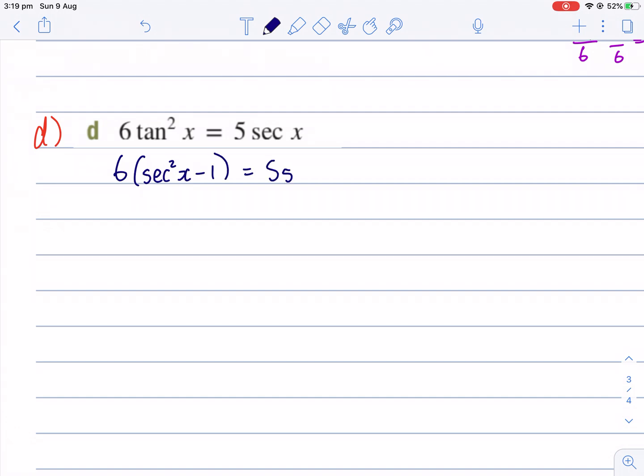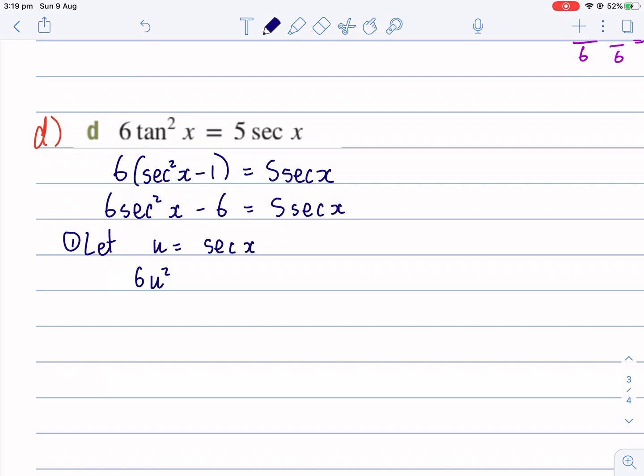So we've got 6 sec squared x take 6 equals 5 sec x. I'm going to let u equal sec x. So I've got 6u squared take 6 equals 5u. So I've got 6u squared take 5u take 6 equals 0.